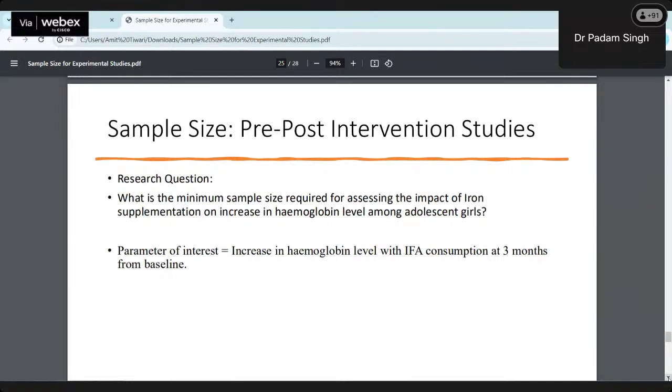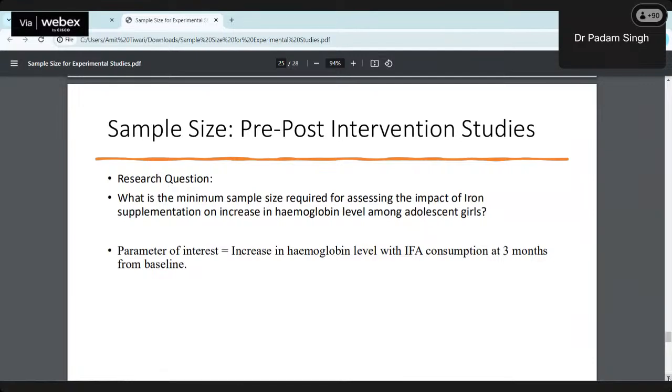Okay, these days, what is happening is कि भाई adolescents में anemia है, the hemoglobin level is very low, and you might be knowing कि भाई there is a program of IFA supplementation for these adolescent girls. This IFA supplementation is for pregnant women and other women as well.